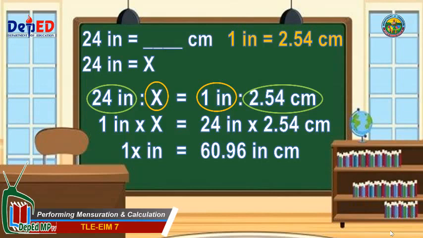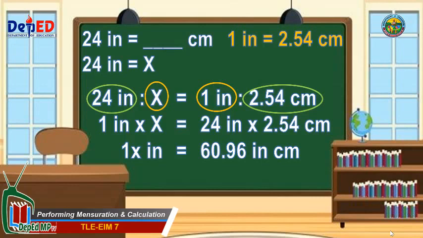Now 24 inches times 2.54 centimeters is equivalent to 60.96 inches centimeters. We cannot multiply different units of measurement, so we just put them side by side as well. After multiplying both sides of the equation, do not forget to always carry the unit of measurement so that you won't be confused as to what to use at the end of the solution.